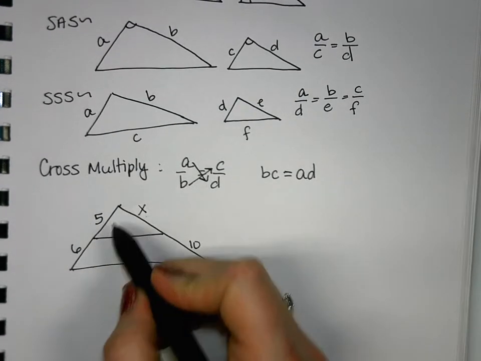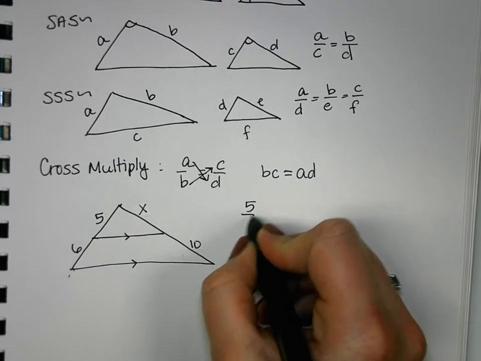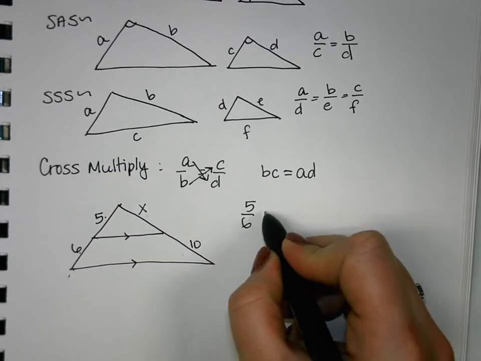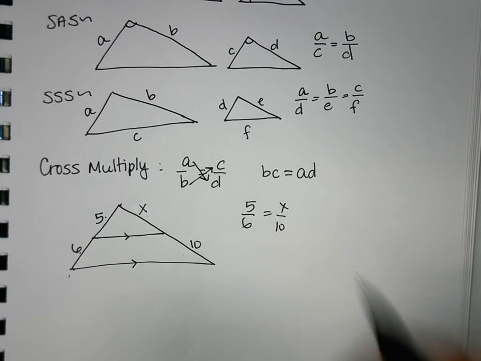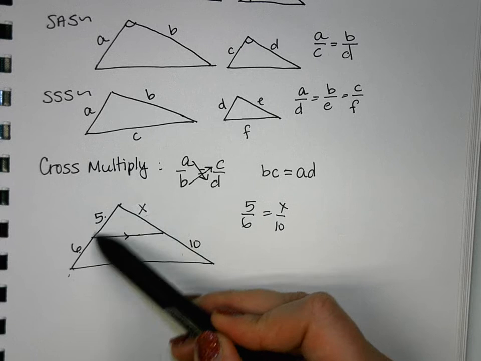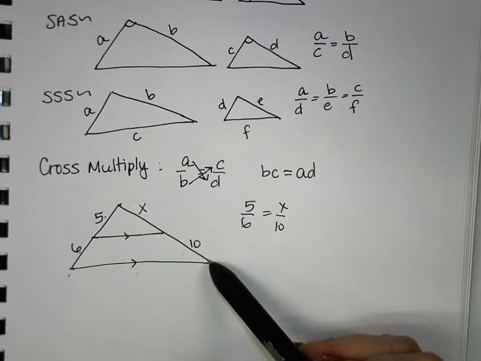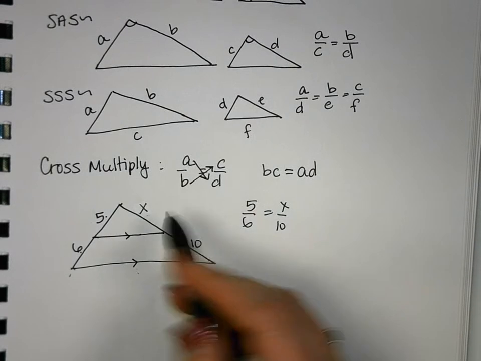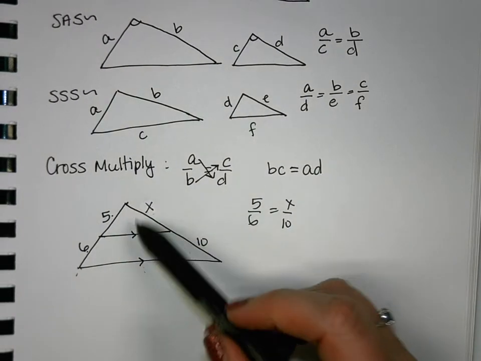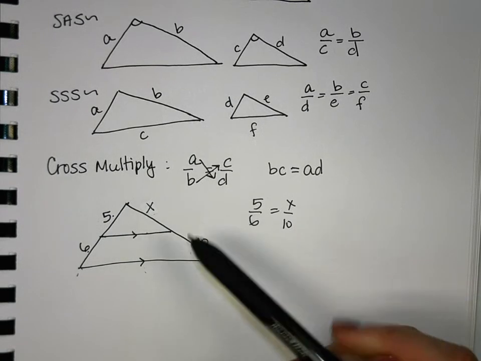You can set up the proportion of this part over this, 5 over 6, so part over part equals x over 10. If we didn't know that these were parallel, we would have had to do 5 over the entire length equals x over the entire length. So this is a special situation where we could set up a proportion if it's the two sides that are being split.